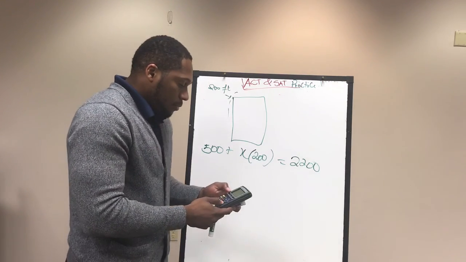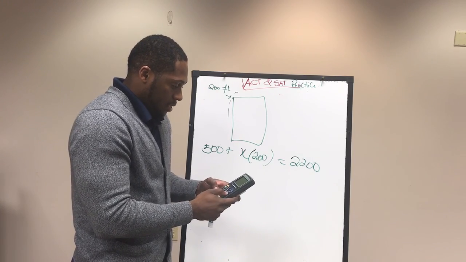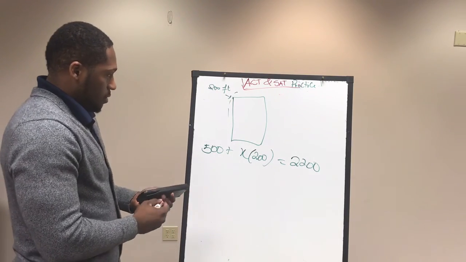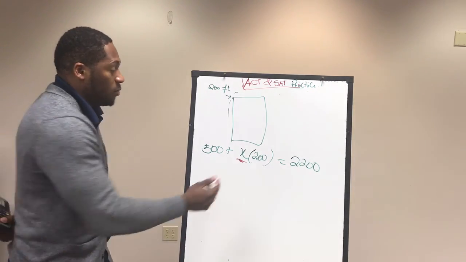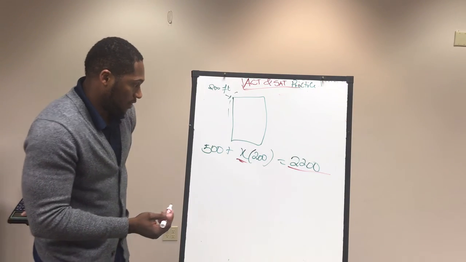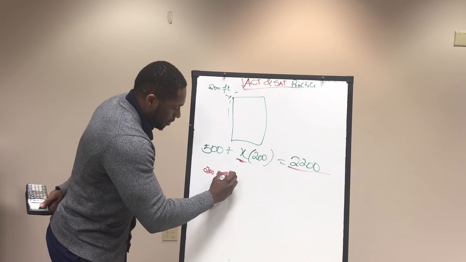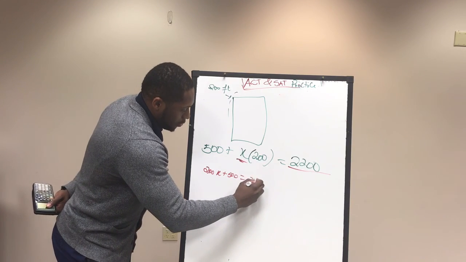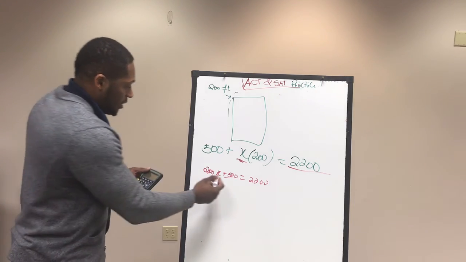So we know that it's $2,200. We already know how much he has to pay to put the fence around his house. So we have 200x plus 500 is equal to 2,200. Move the 500 to the other side.